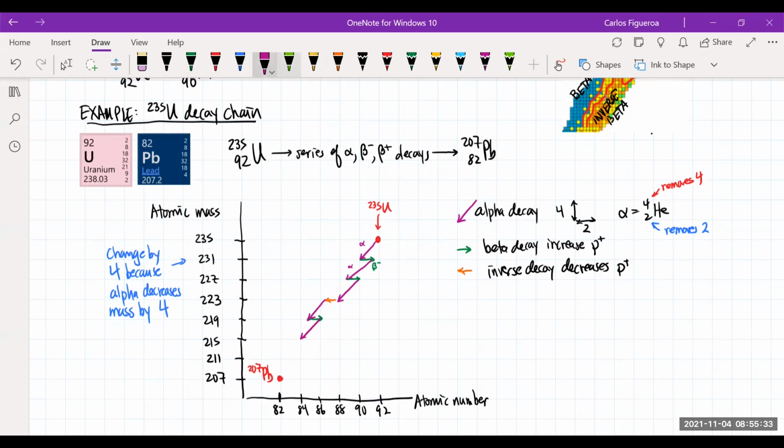Or then maybe it goes through a series of, oops, wrong color, a series of betas, not alphas, and then it just keeps moving down like this. And then maybe it does another one like this, and then finally it reaches all the way down. Complicated. Not easy to do that, but that's what it means by a decay chain.